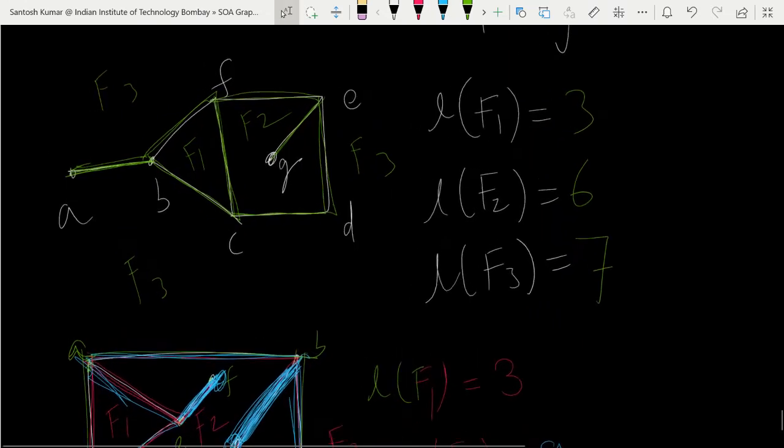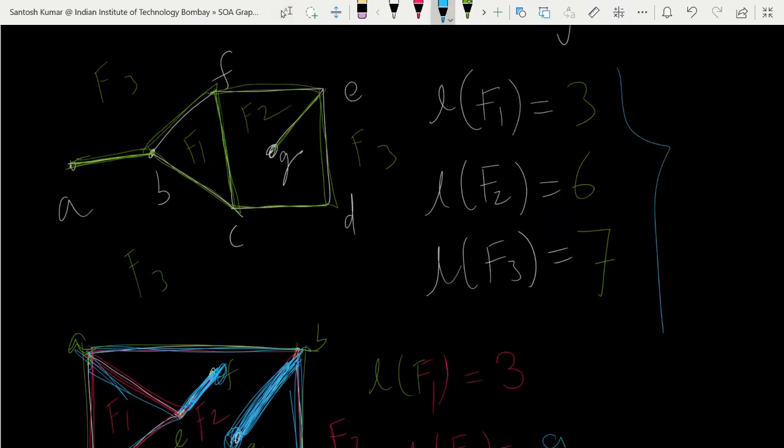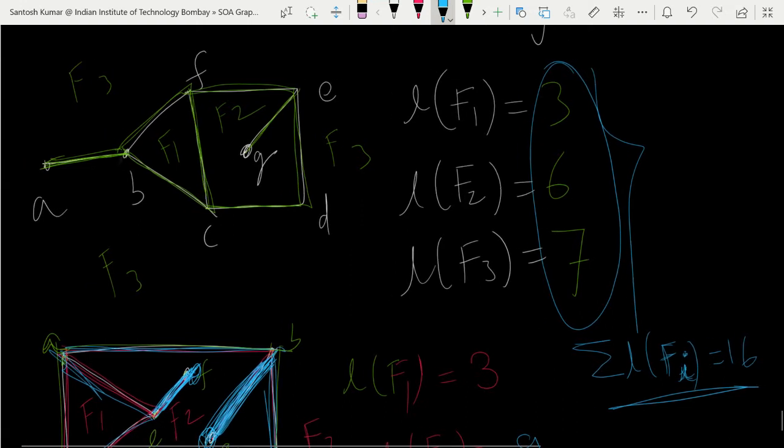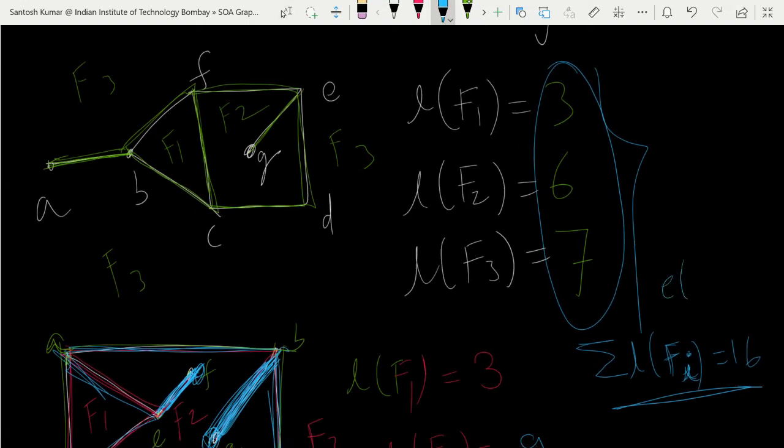Again you come to this graph. If you add all the face lengths, the sum of all faces is 16, and the number of edges if you count is 8. So you can again see the result.